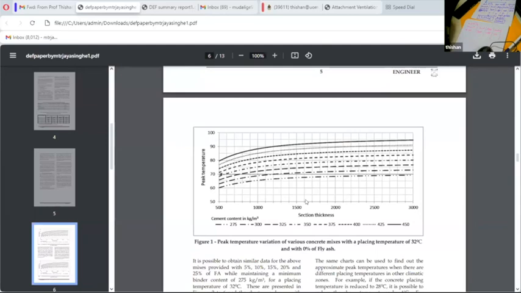Now, can you understand how to use this chart? Yes, I understood. The moment you know the cement content and the size of the member, you can decide the placing temperature, or when you know the placing temperature, you can decide the size of the member. Because this chart is for 32 placing.